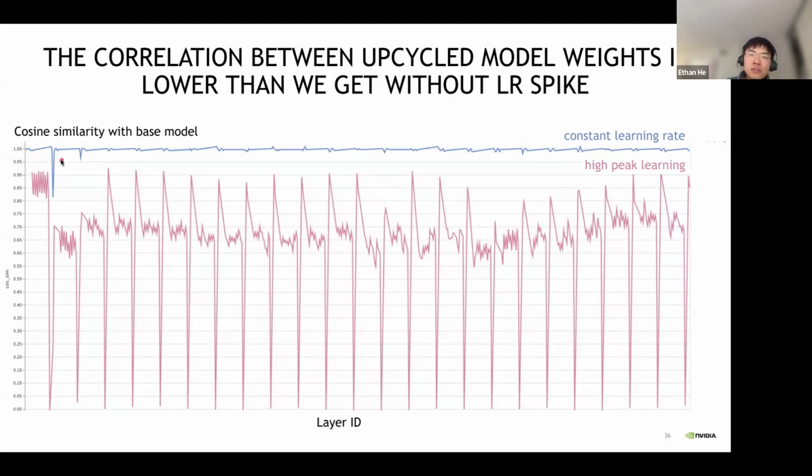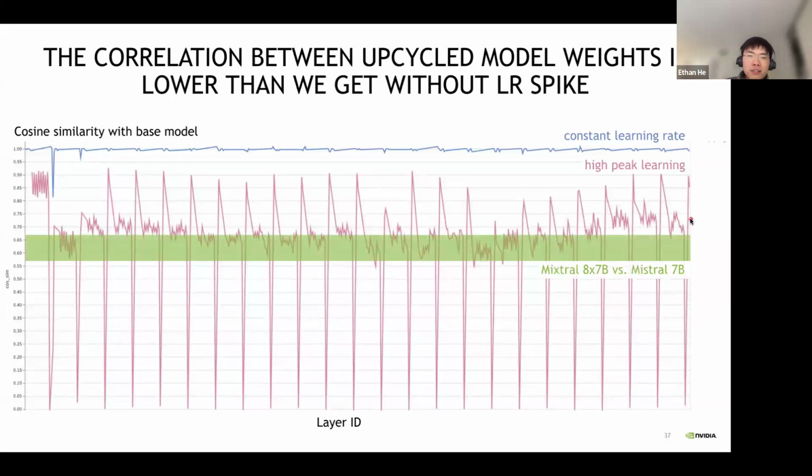This is true for most of the aligned models, for example, Llama chat versus Llama base. If you use a high peak learning rate for upcycling, the cosine similarity would be much lower, around 0.7.